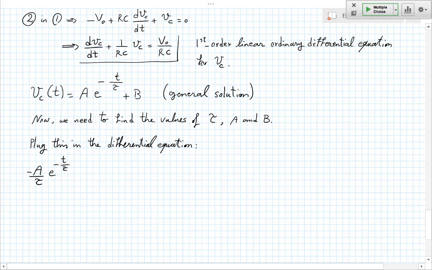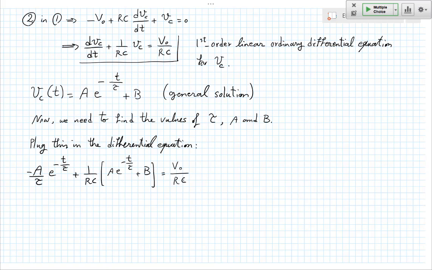And the derivative of b, b is just a constant, is going to be 0, plus 1 over RC times the whole thing, VC, which is a e to the minus t over tau plus b, equals V naught over RC. Let's see what a, b, and tau should be so that this equation is satisfied.